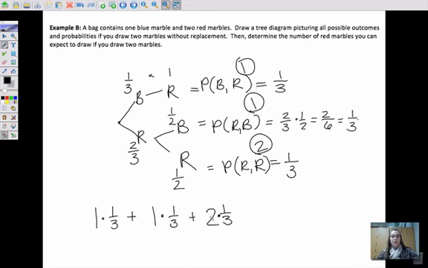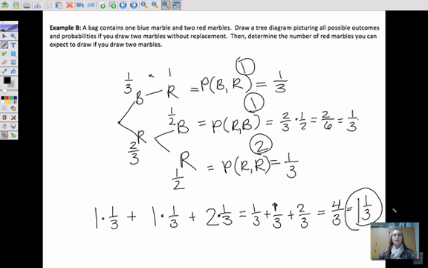The value of that outcome, so how many marbles we're going to draw, 1, 1, or 2, multiplied by each probability. So that would be 1/3 plus 1/3 plus 2/3. So 4/3, or 1 1/3 marbles. 1 1/3 red marbles is our expected outcome.